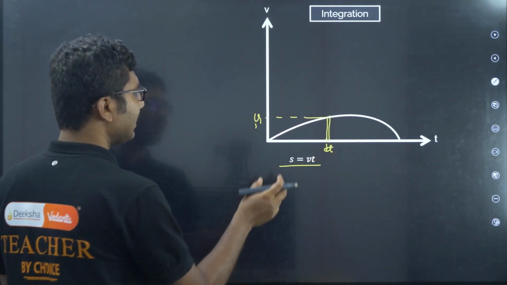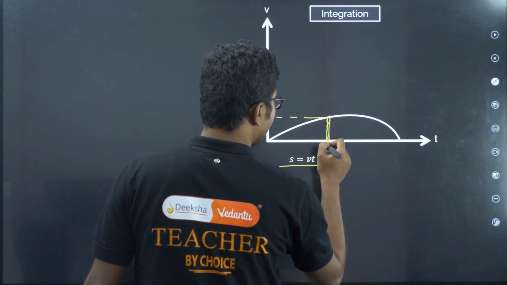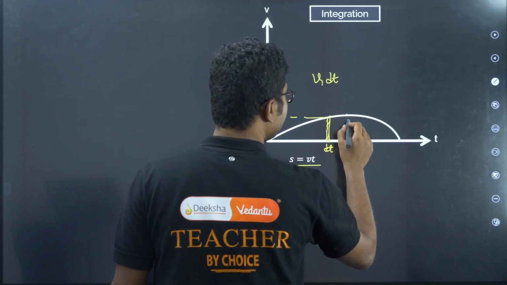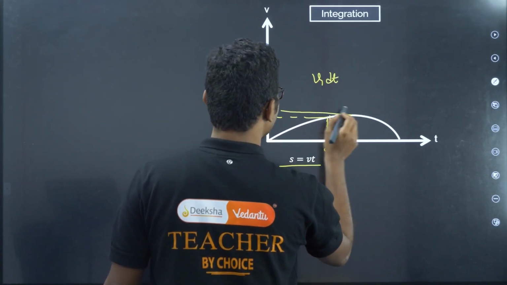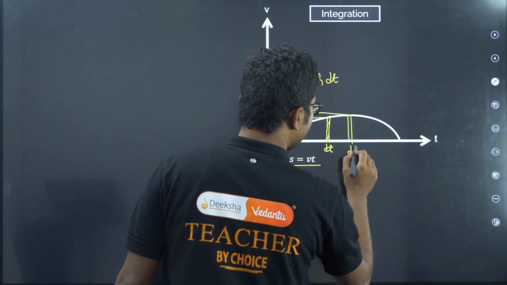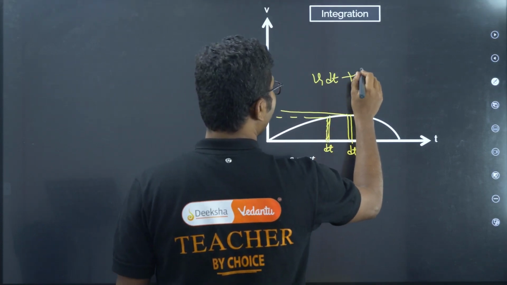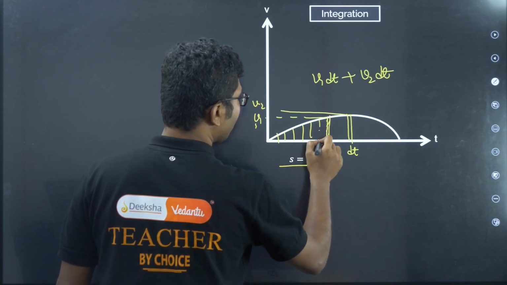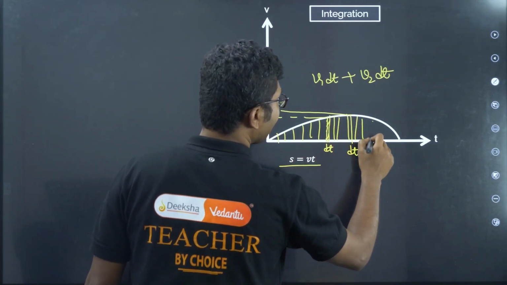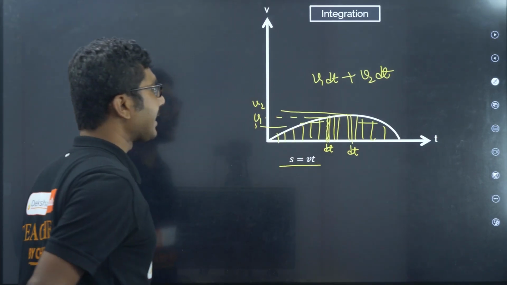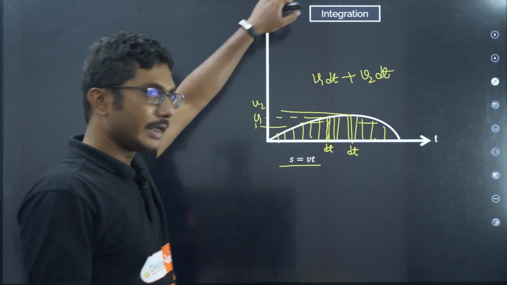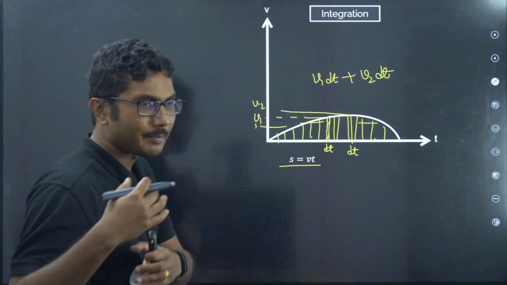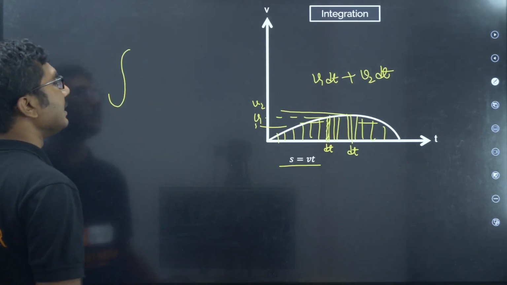What is the area of this region? It will be v1 dt. Similarly, you take another region with another velocity, say v2, and the same dt, then it will be v2 dt. If you take all such small portions and add them together, then whatever you get is represented by another mathematical process called integration.